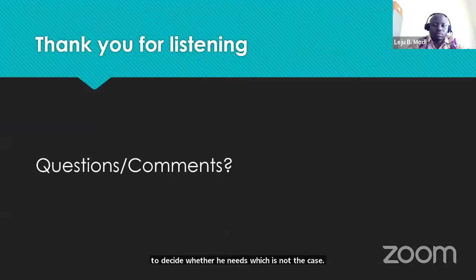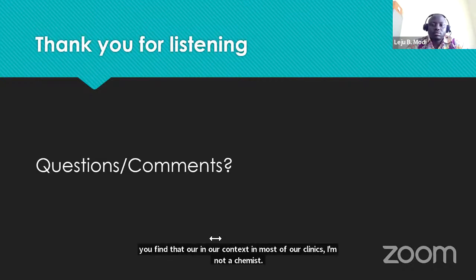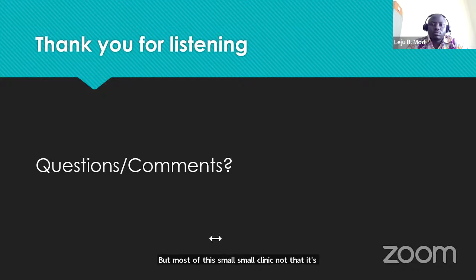A healthcare practitioner should know the patient has the right to receive the right medication, the right route of administration, all those things. But in our context, in most of these small clinics, not the recognized ones, I'm not against them, the patient is asked, which one do you need? Do you need the oral or the injectables?